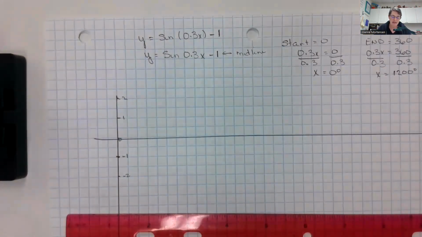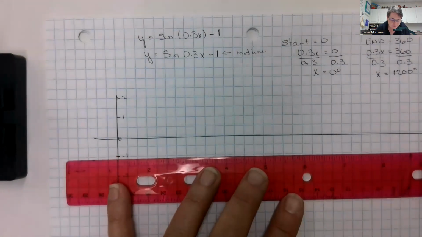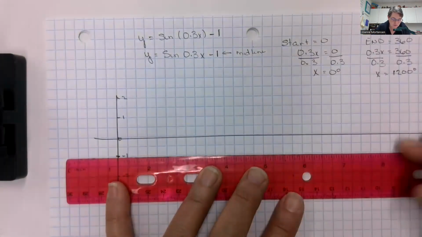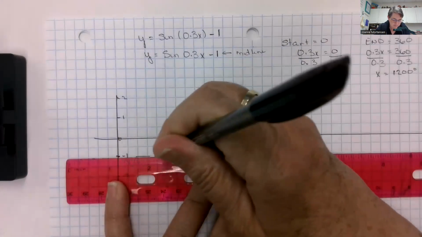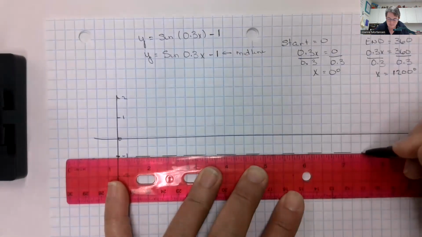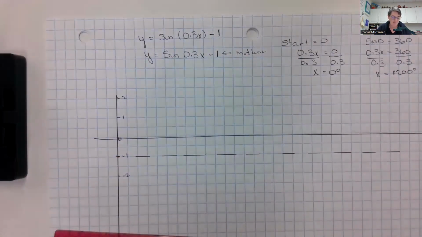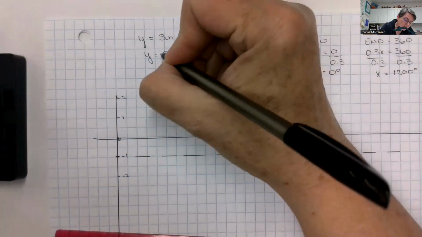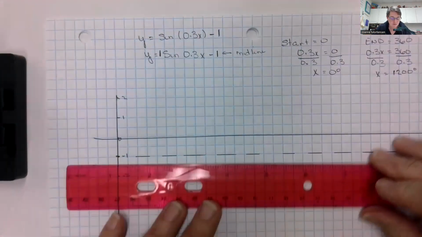So my midline, -1. And the maximum amplitude. Wait a minute, what's my amplitude? Yeah, you know. That's the number in front, and there's an understood one. So I'm going to go up one.